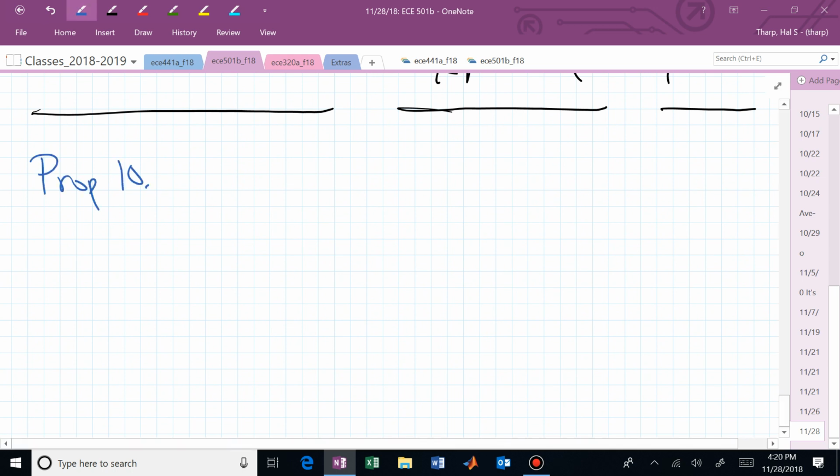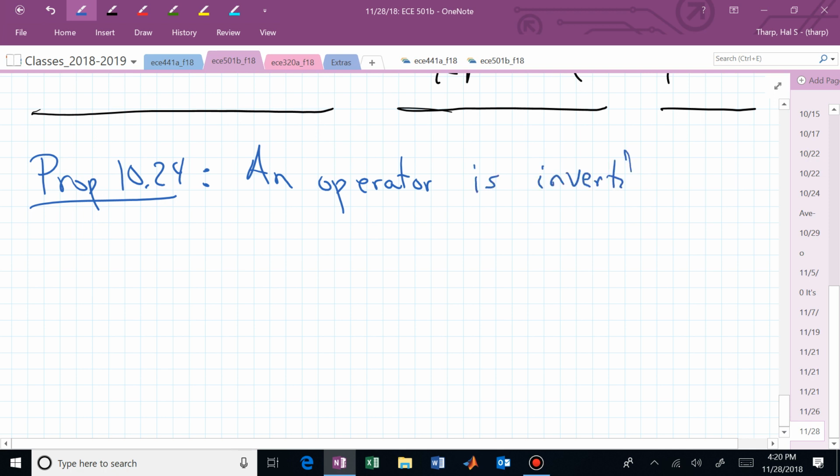Proposition 24 says that an operator is invertible if and only if it has a non-zero determinant.